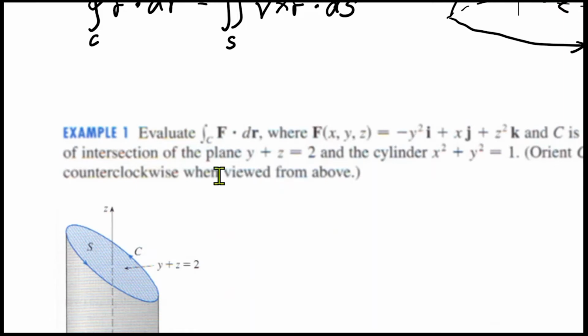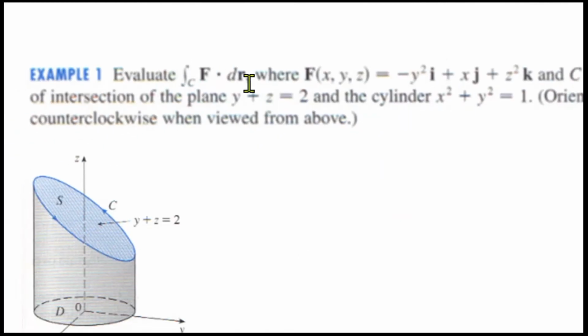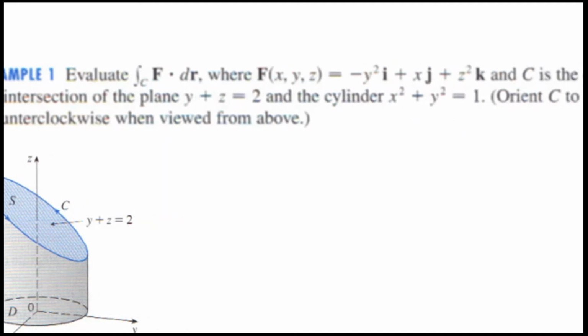Okay. So let's read this example together. So the integral of F dot dr, and then F is this. Now we have i, j, k. So x, y, z components, all three of them. So this is what we mean by P, and this is Q, and this is R now.